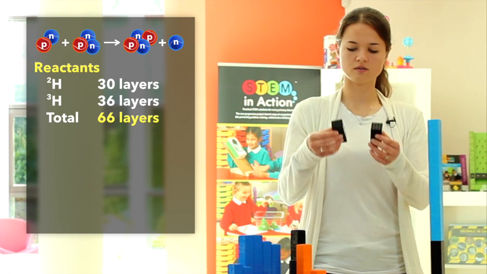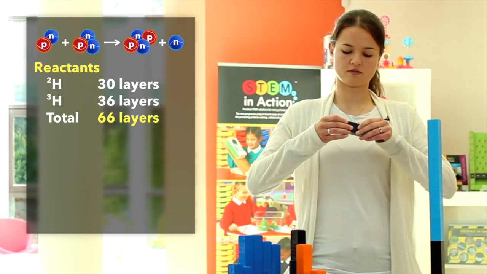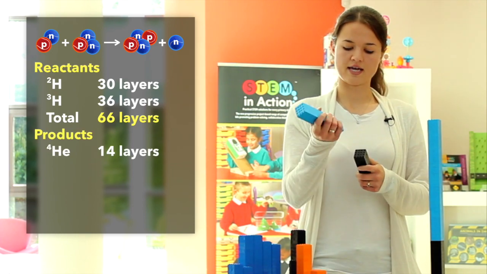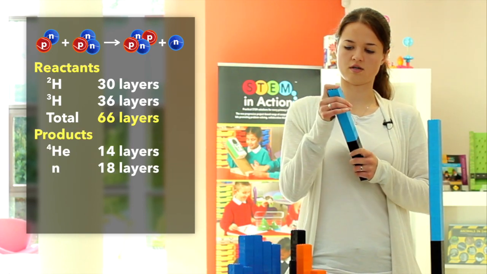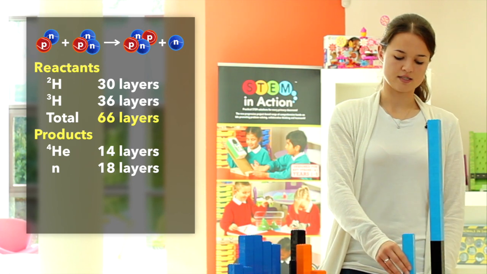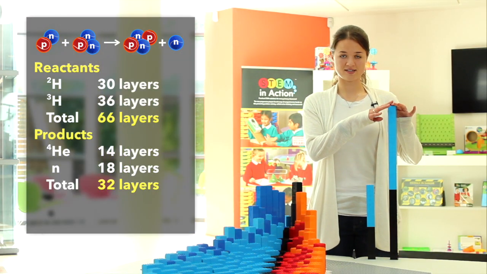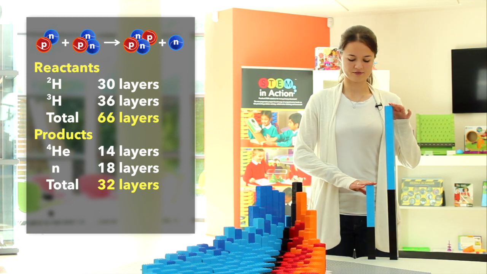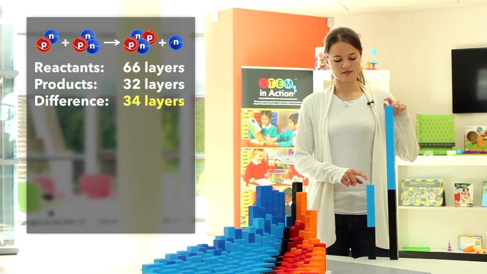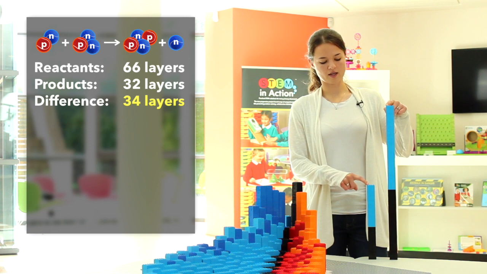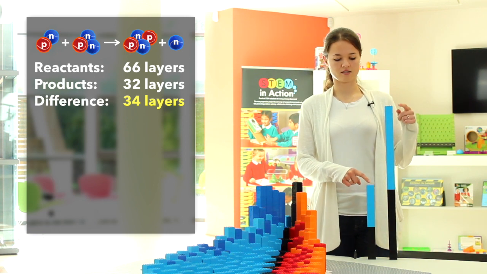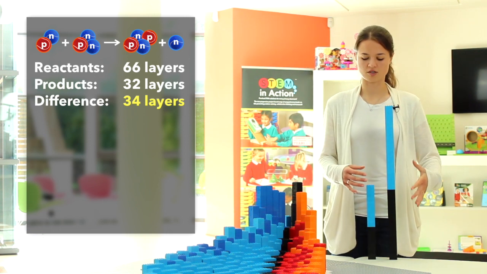And we take our two stacks of 7 bricks for helium and 18 for the neutron that's released. This is the tower for our products. The tower for our reactants is 66 layers, and the tower for our products is 32 layers. That's a difference of 34 layers, which represents the energy released when you do this reaction.